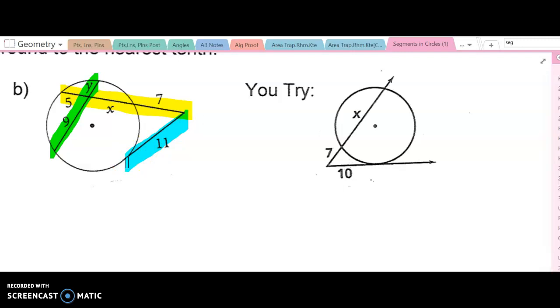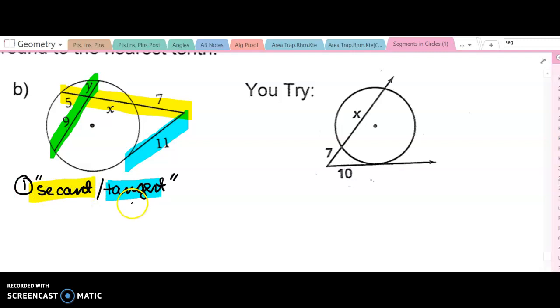I'm noticing I have 2 variables, an x and a y. So I'm going to hold off on dealing with the green line, and I'm just going to do secant tangent to find x. And so tangent, the one that's just touching the circle, the blue one, and then the secant being the whole yellow line, right?